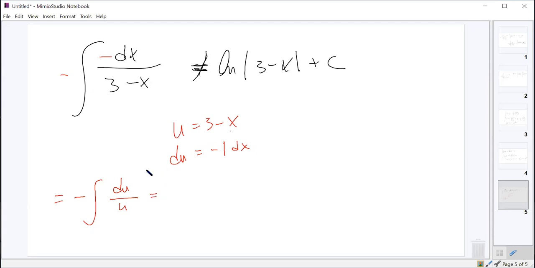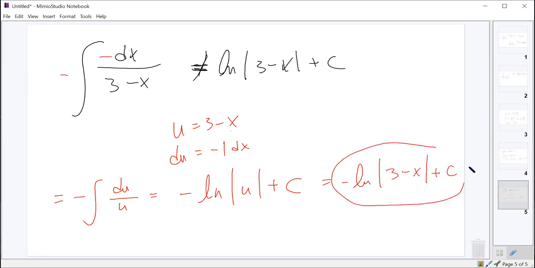And now you can use that rule, and it becomes negative natural log absolute value of u plus your constant. And then after that, you just replace the u with your 3 minus x and get negative natural log absolute value of 3 minus x plus a constant. Everybody good with that?